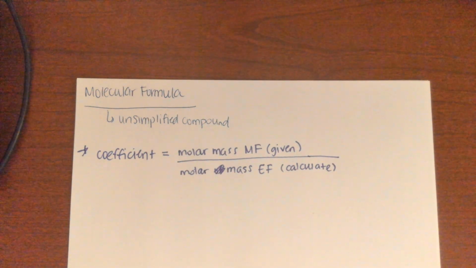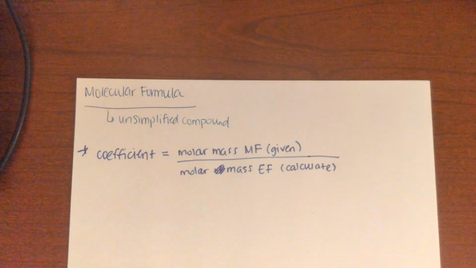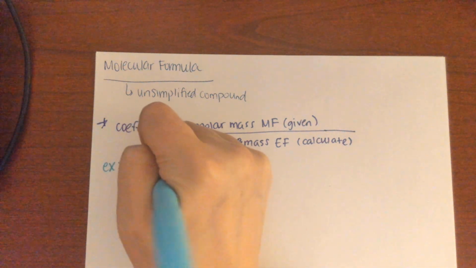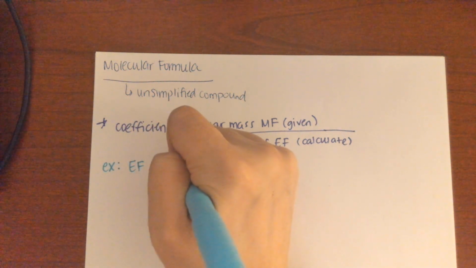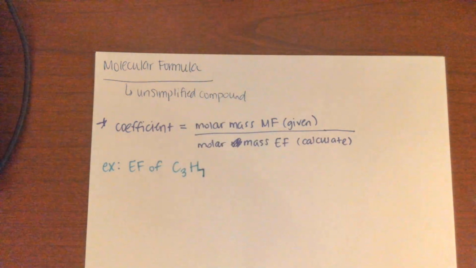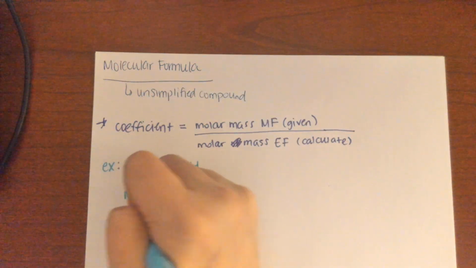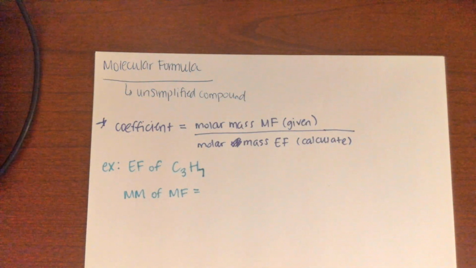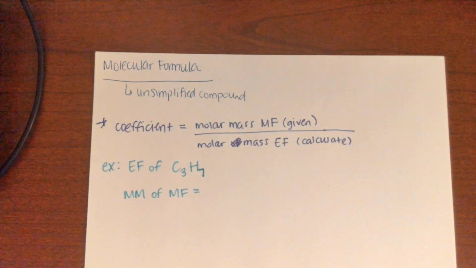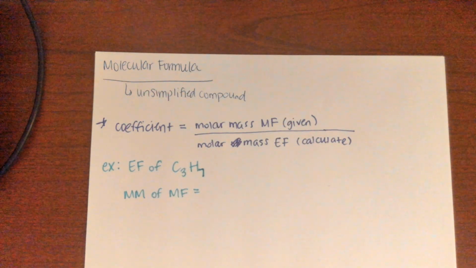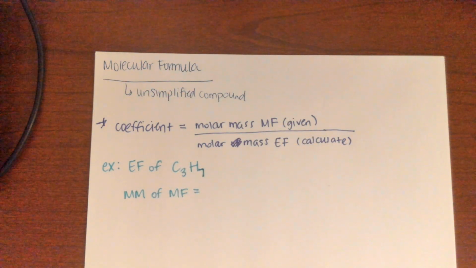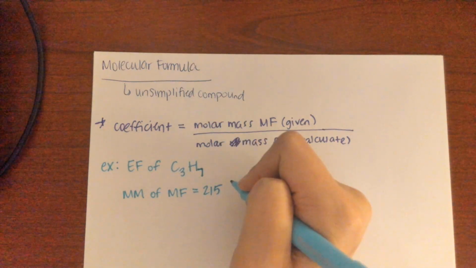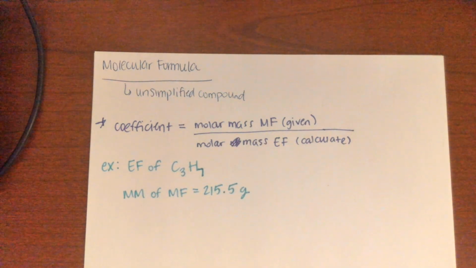So here's an example. Let's say I have an empirical formula of C3H7, and I give you the molar mass of the molecular formula as 215.5 grams.